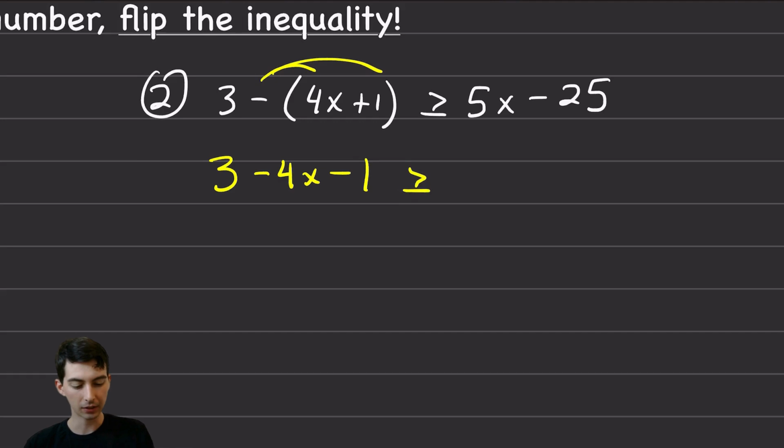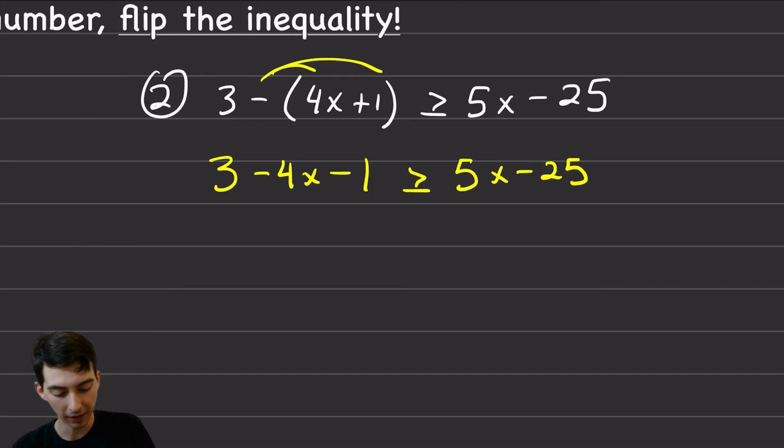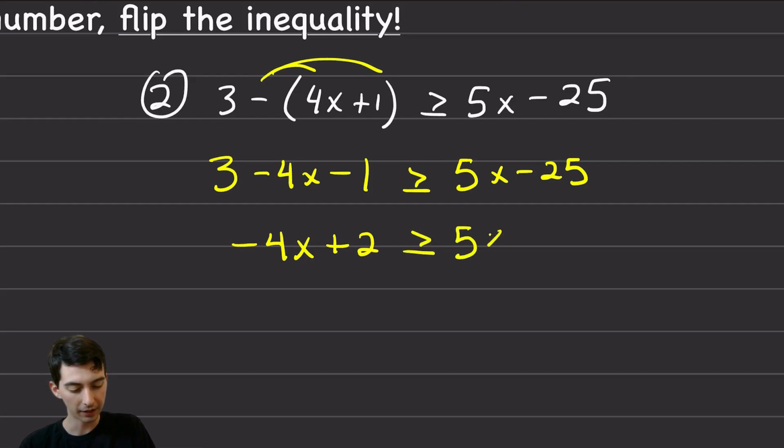And that's going to be greater than or equal to 5x minus 25. And now I'm still simplifying the left-hand side because I've got this 3 and this minus 1 here. So I can combine those and say 3 minus 1 would give me plus 2. And that's going to be greater than or equal to 5x minus 25, which is already simplified on the right.